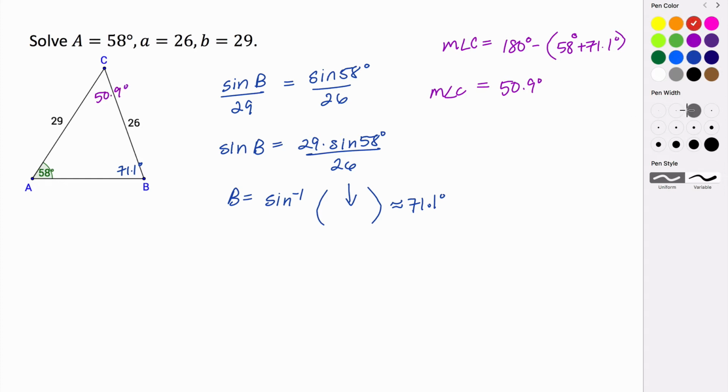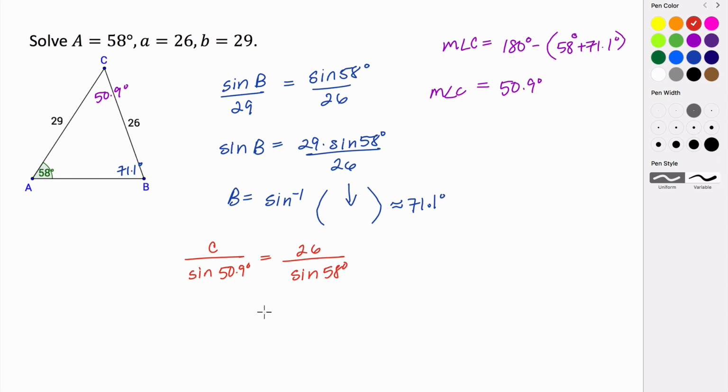And then we can use all of that information to find the length of side c. We can just use the law of sines again using our original angle-side pair. So we get that c divided by the sine of 50.9 degrees equals 26 divided by the sine of 58 degrees.